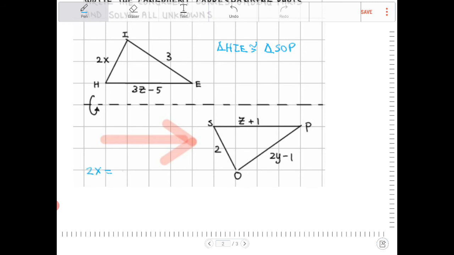It will equal 2. So x is equal to 1. IE is 3. And it corresponds with OP, which is 2y minus 1. Add 1, divide by 2, y is equal to 2.